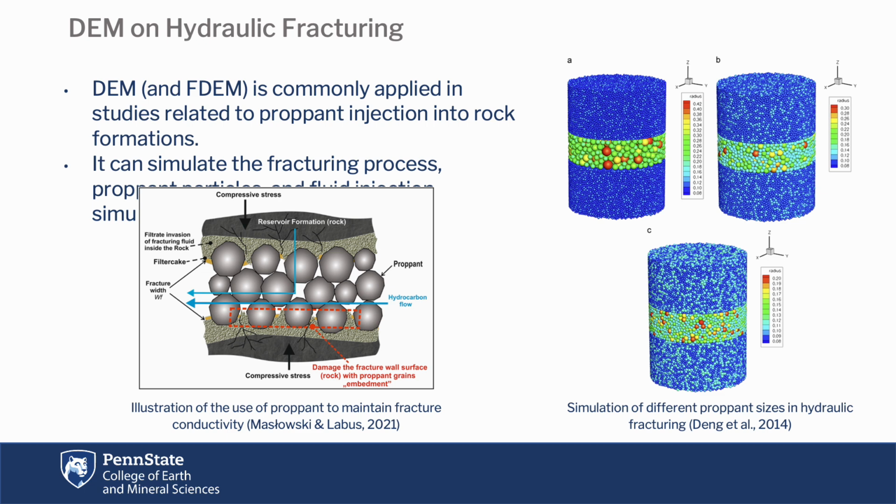The figure on the right shows a study using DEM to simulate how different proppant size distributions affect fracture permeability and conductivity. One of the key findings of the study is that models using uniformly sized particles, for example well-sorted proppants, achieve higher conductivity compared to those using poorly sorted proppants with a wide range of sizes.